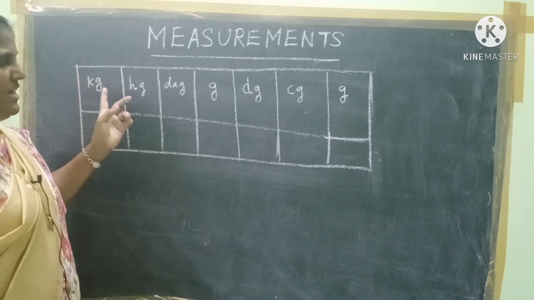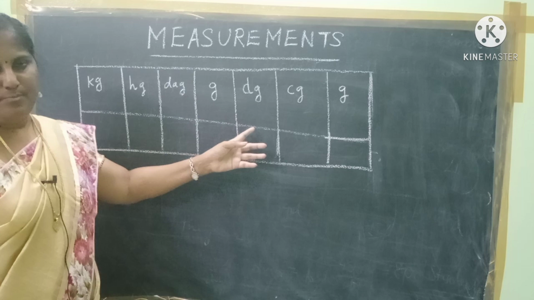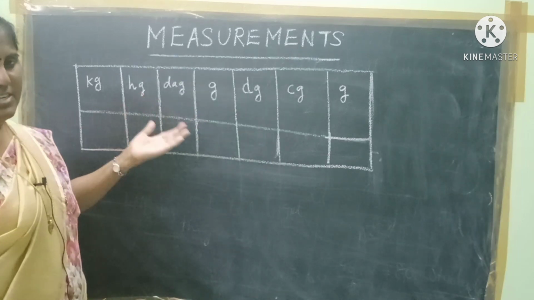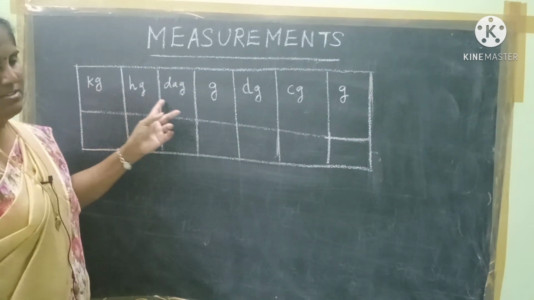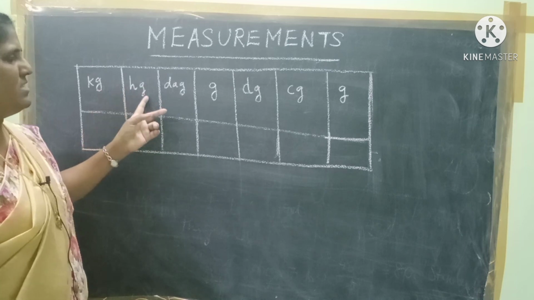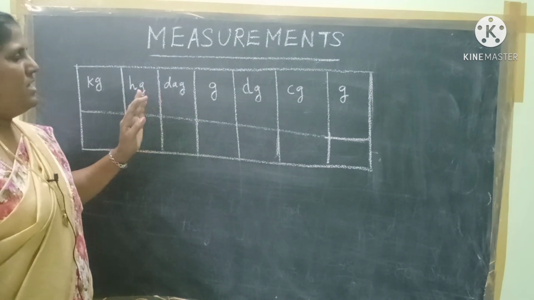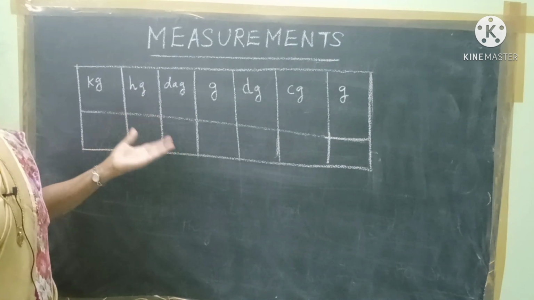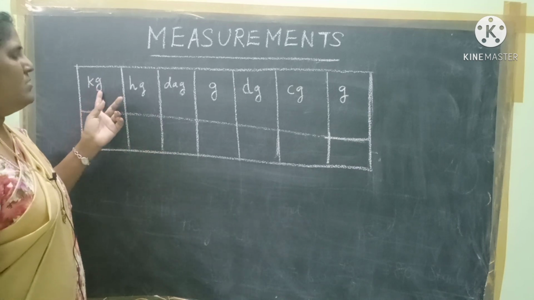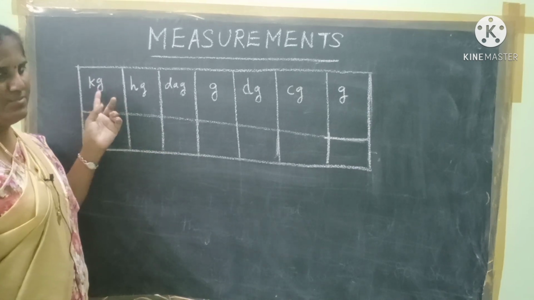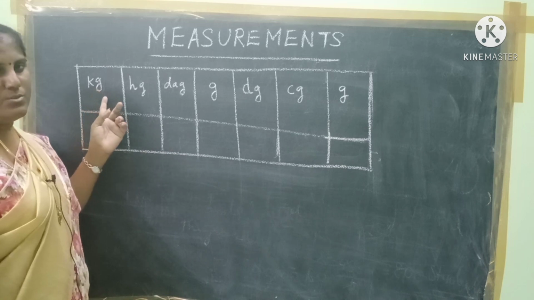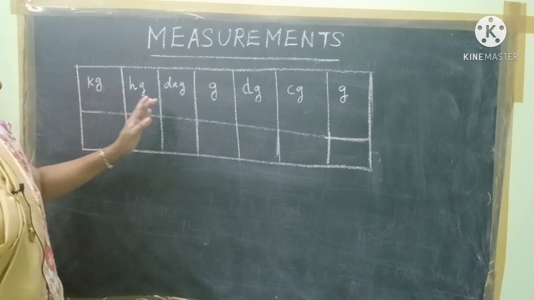If you take weight, you put G for each. If it is length, you put meter, mm. Instead of G, you should write M. If it is capacity, liter, you should put L instead of G. So all the tables are the same.